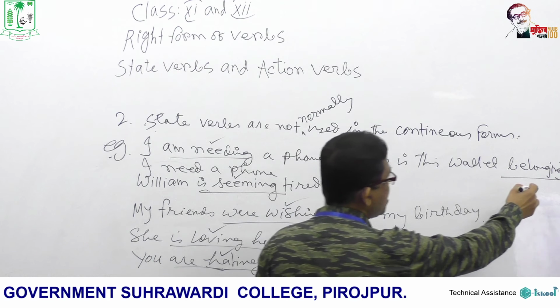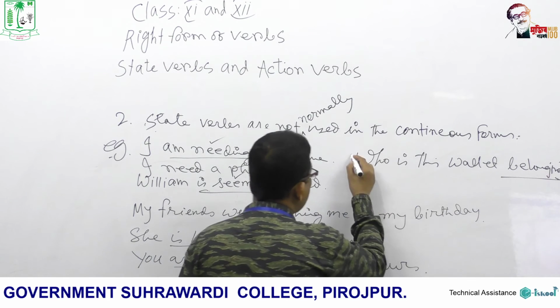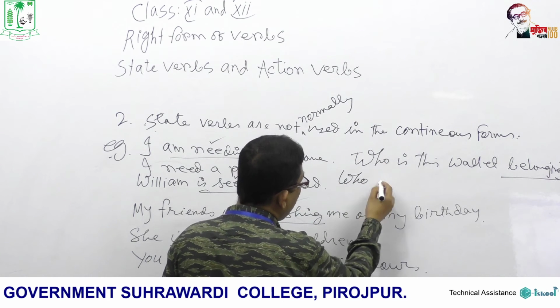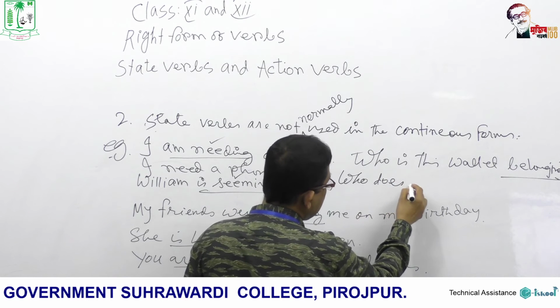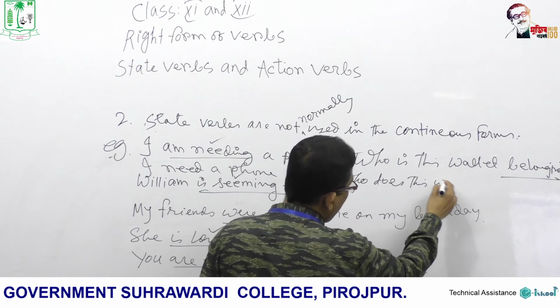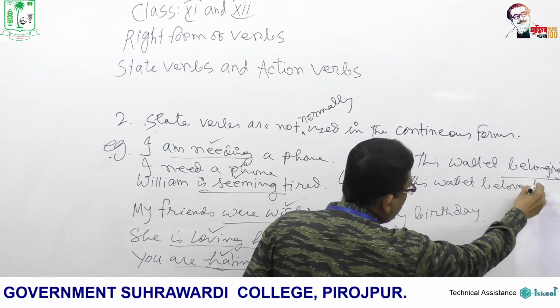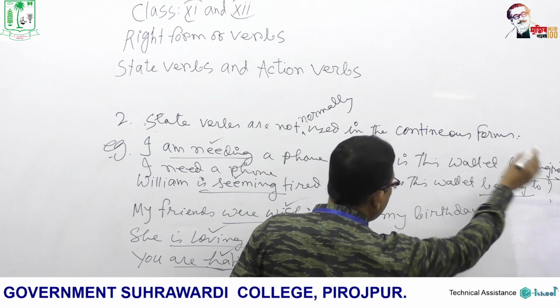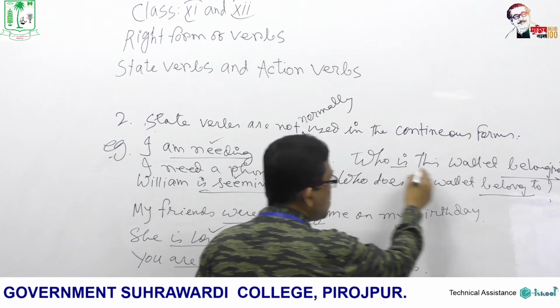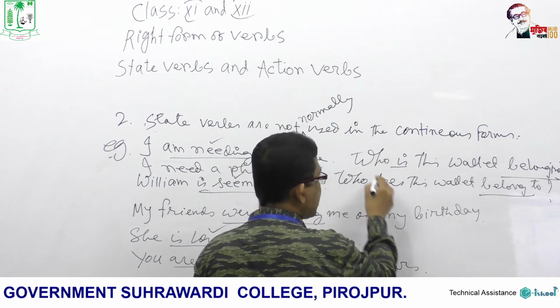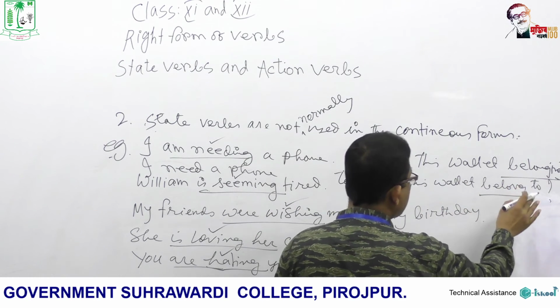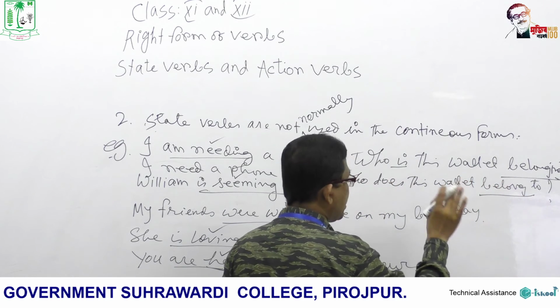So, belonging is not correct, but it should be who does this wallet belong to? Belong to, not belonging. Is belonging is not correct. Belong is a state verb and we should not use it normally in continuous form.